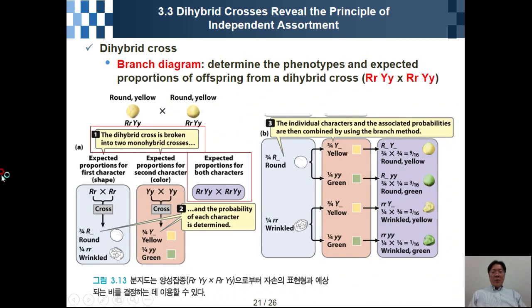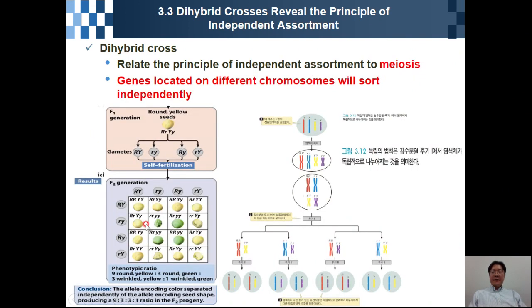In this slide, I will explain the branch diagram. In dihybrid crosses, it is very difficult to predict the expected offspring. For example, in this dihybrid cross, the phenotype ratio is 9 round and yellow, 3 round and green, 3 wrinkled and yellow, 1 wrinkled and green.